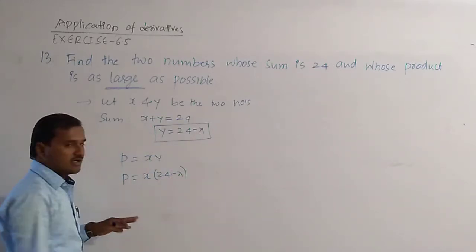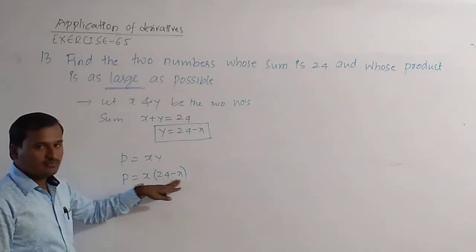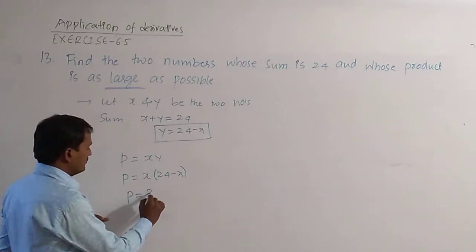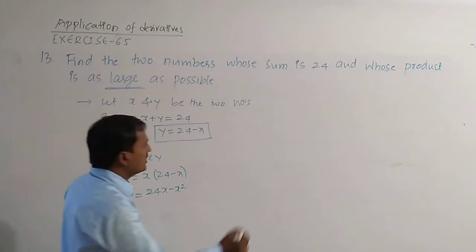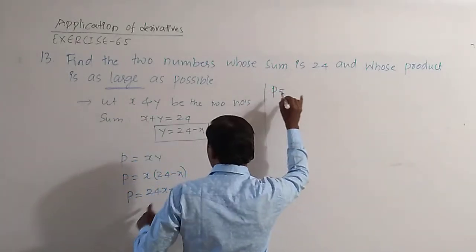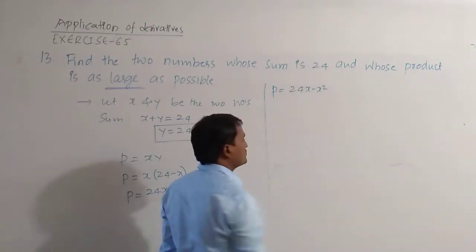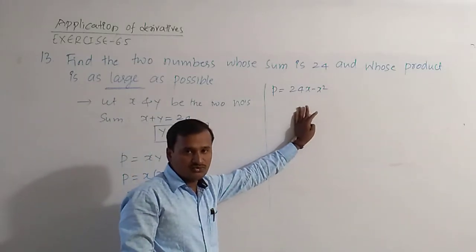So here we are getting p is equal to x into 24 minus x, or simplify this one. So clearly p is equal to 24x minus x square. So this is the function in terms of the product of those two numbers.